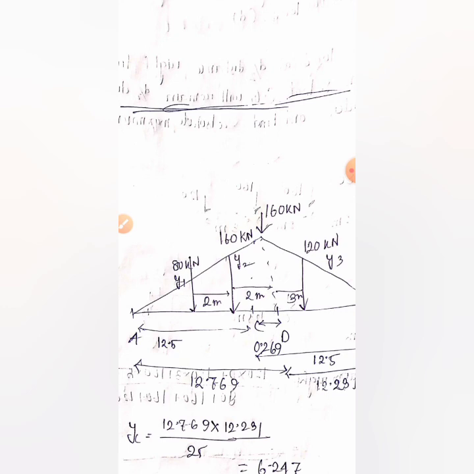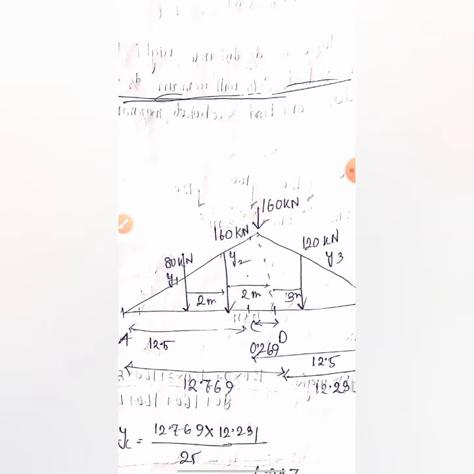160 kilonewton is acting at D. What is D? The distance of D is 0.269 from section C, that means 0.53 divided by 2. Now, if we measure the distance from A, it will be what? It will be 12.5 plus 0.269.